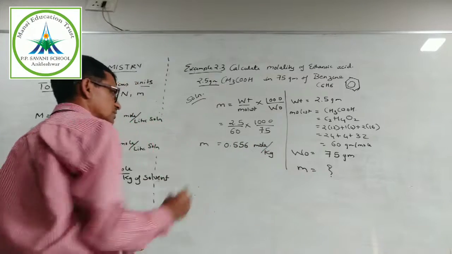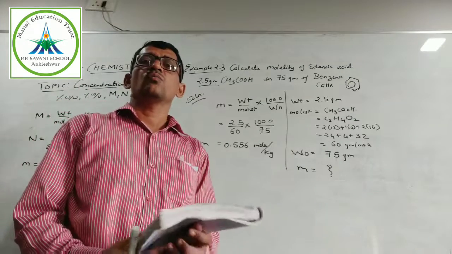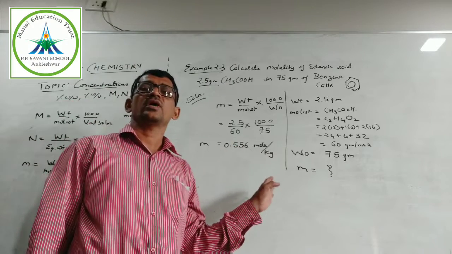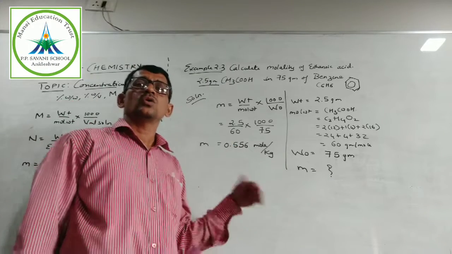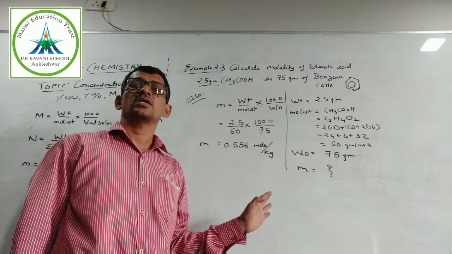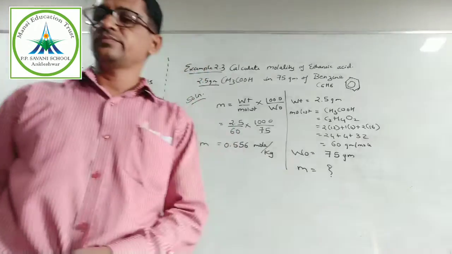So molality is coming 0.556 mole per kg of solvent. So in this way we can find molality, normality or molarity. 3 units are there of a particular solution.